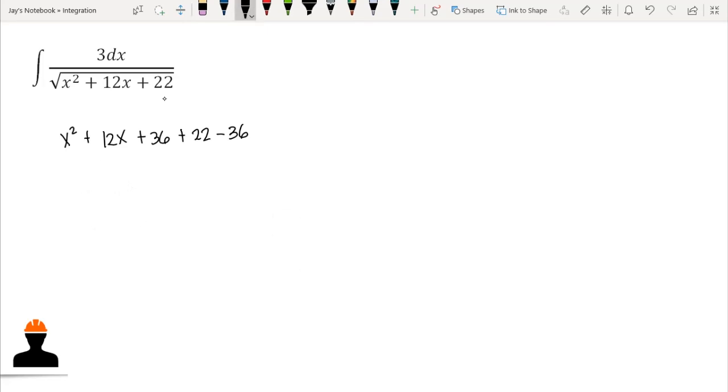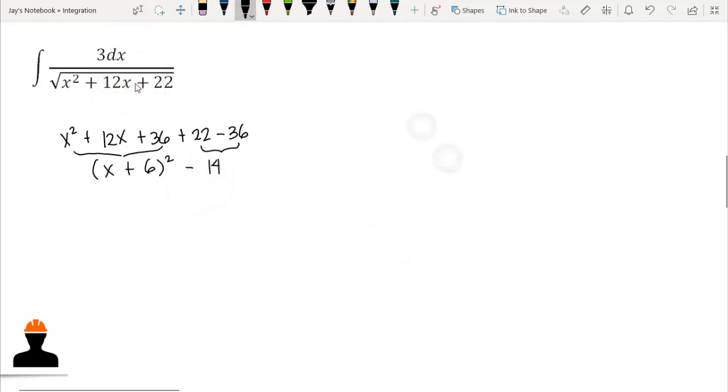So you have here x plus 6 squared. You can compress this into x plus 6 squared, since again, if you evaluate this one, you could have this form. And then this one here, that is minus 14, okay?